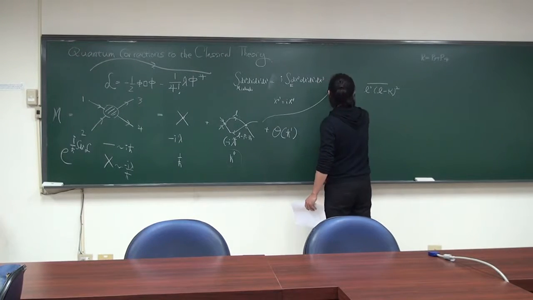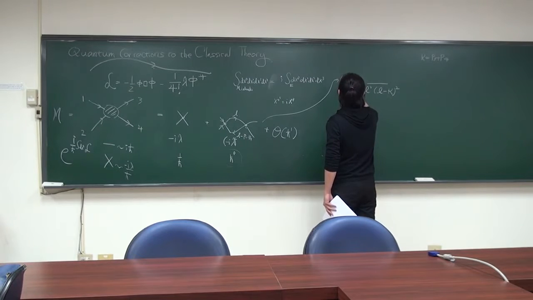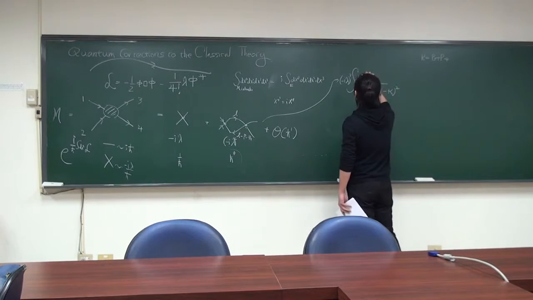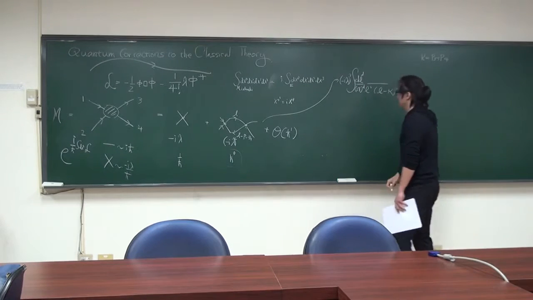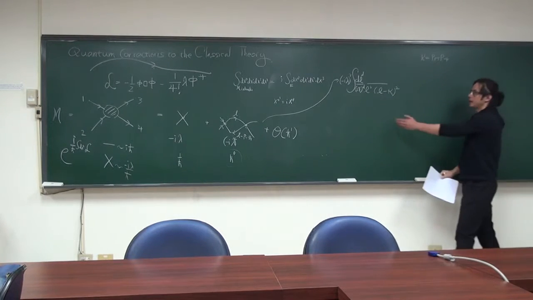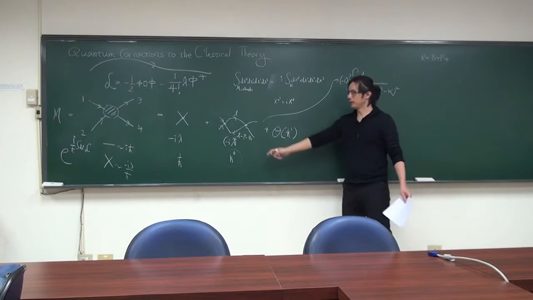Okay, so we're doing this graph here. So this is minus i lambda squared, integrate dl. Now for reasons that you'll see soon, I'm going to keep the dimension not fixed for now. Okay, so this is the answer to this problem.